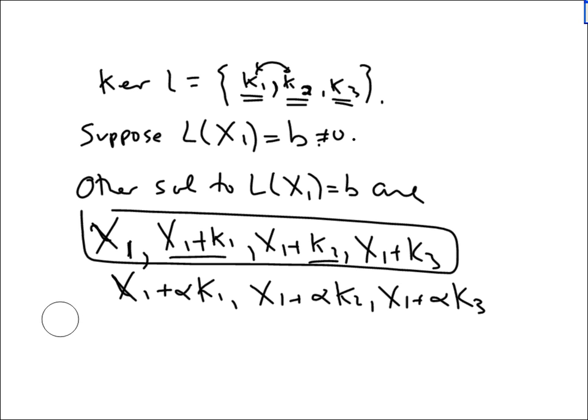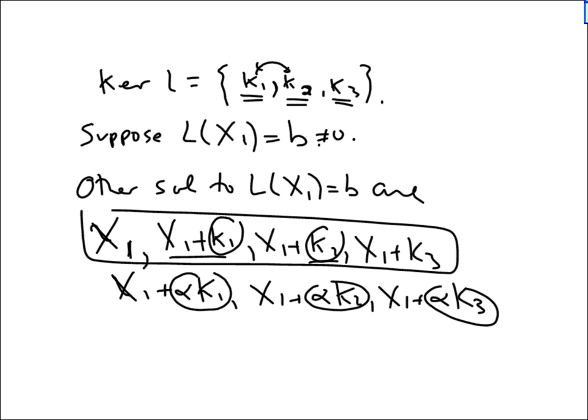Now, of course, if the kernel just contains the 0 vector, then I'm just adding the 0 vector. That is, I'm always getting x1.